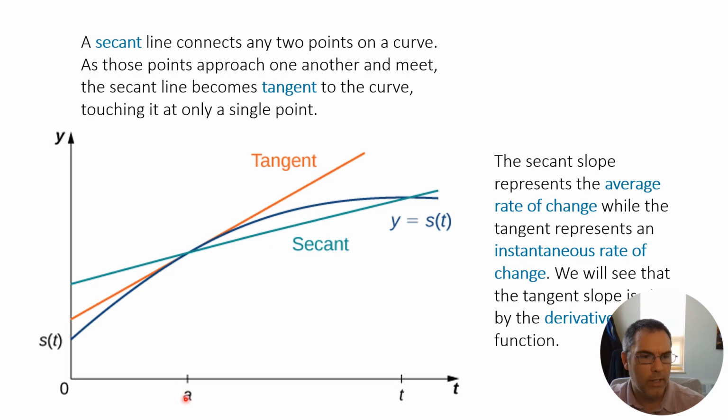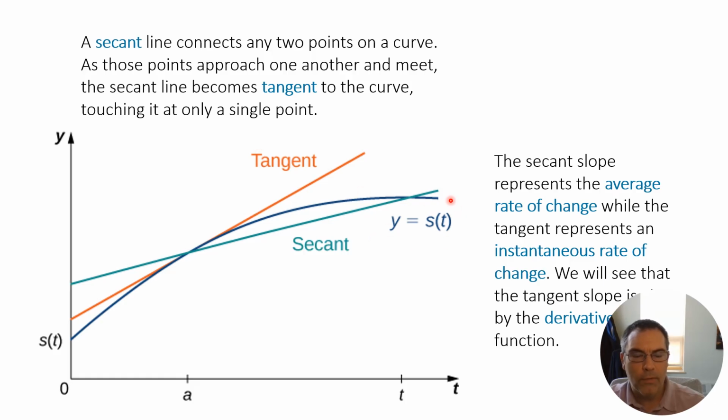Where your book has drawn it here is at the point A. So this is representing the rate of change at the value A. The secant line then is from A to another point. And so what it's going to represent is the average rate of change from this point to this point. So it's representing average rate of change, while the tangent line is representing instantaneous rate of change.